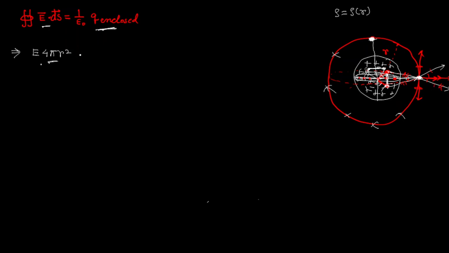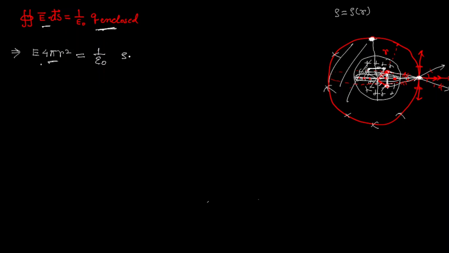Then on the right side, we have to calculate the enclosed charge within this Gaussian surface. For that, whatever charge density is given in the question, we integrate it over the volume of the Gaussian surface.